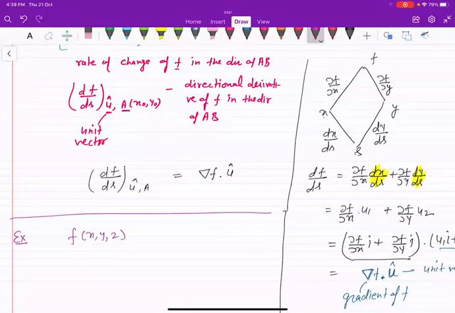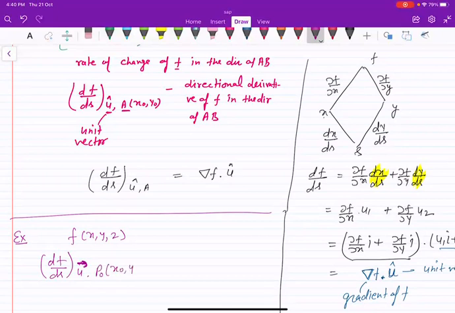In that case, the same procedure, df over ds, in whatever direction you are computing. Whenever we are talking about direction, u is what? That means we are talking about any direction, then it is a vector. And at the point p, in the book generally it is represented by p naught. P naught means the point x naught and y naught.